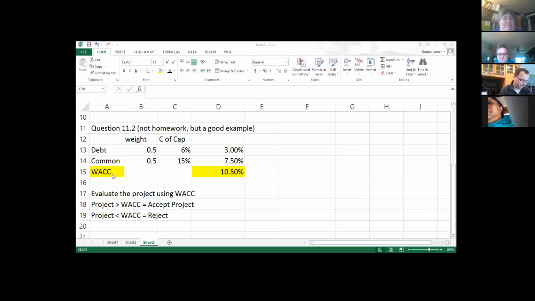I completely ignored them because they're the other side of the story. What we're doing in this calculation in this chart is just trying to figure out how much it's going to cost us to borrow the money. We get all that done, come up with this calculation, then we can say, what is that project going to do for me? And is it worth doing that project if it's going to cost me this 10.5% interest?